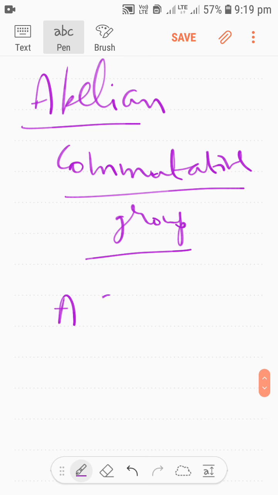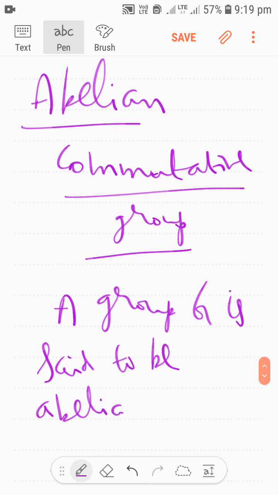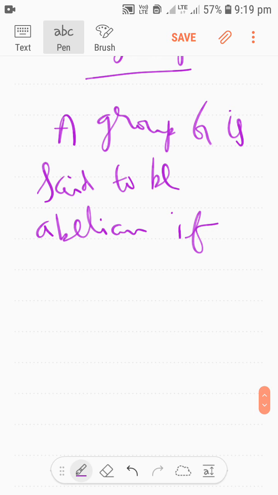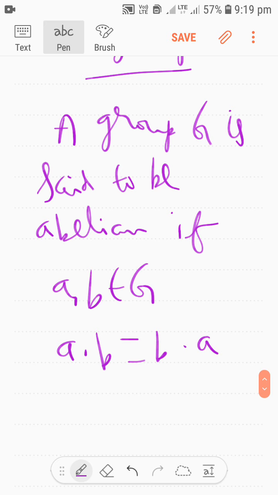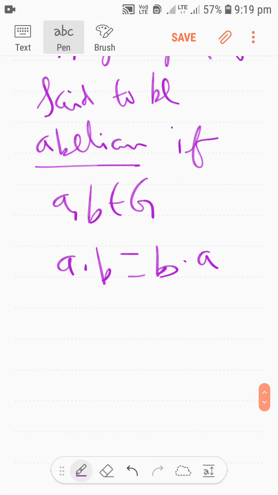So a group G is said to be abelian or commutative if a, b belong to G, then a dot b equals b dot a. This is the abelian group definition.